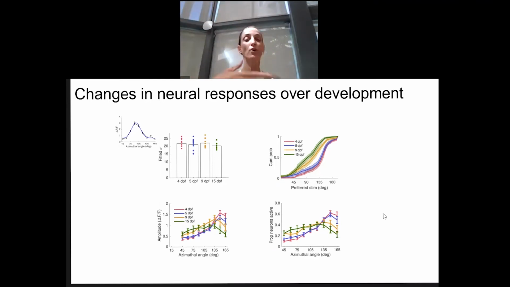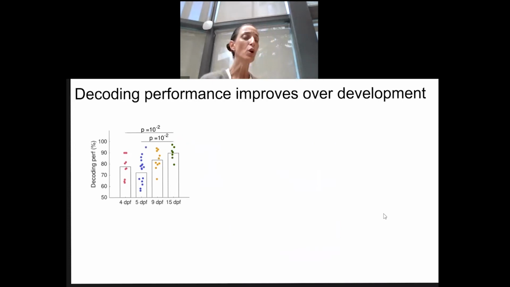And comes the question, of all of these changes that occur in the brain, can we decode better the information as the animal develops? And so we developed a very simple classifier that takes the activity of all the neurons and tries to estimate or predict what was the stimulus presented, in what position the stimulus was.